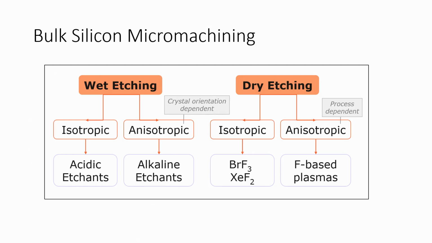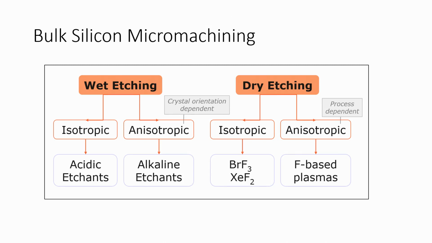In wet etching there is isotropic etching and anisotropic etching. Similarly, in dry etching there is isotropic etching and anisotropic etching. Now, in dry etching the anisotropic property depends on the process, while in wet etching the anisotropy depends on crystal orientation.